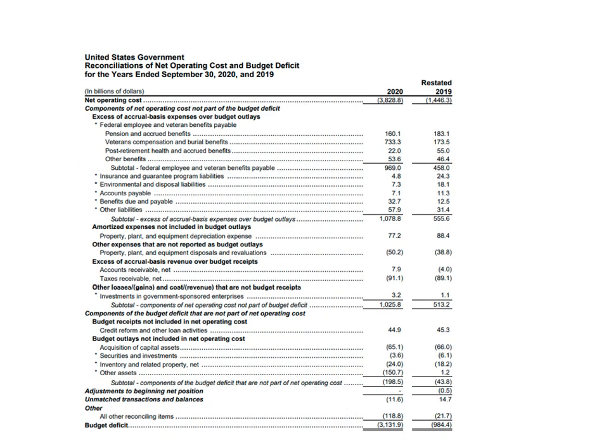Next statement is reconciliations of net operating cost and budget deficit. In this statement, we identify the differences between the accrual-based net operating cost, which is on an accrual basis, and the budget deficit.